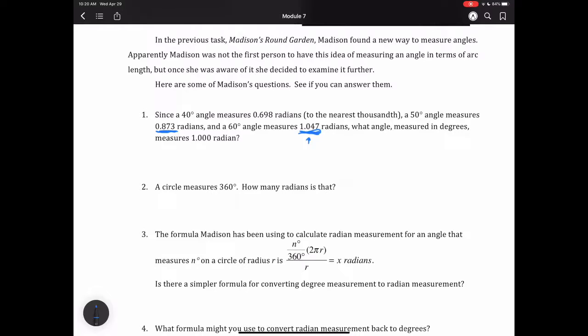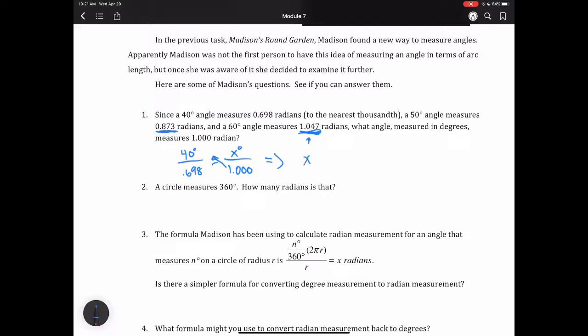So what we can do is set up a proportion, right? I'm going to use just the first one they gave us, 40 degrees and 0.698 radians. And we're looking for, okay, what's the degree measure for 1 radian? So when we solve for x, we just have to multiply both sides by 1, and anything multiplied by 1 is just itself.